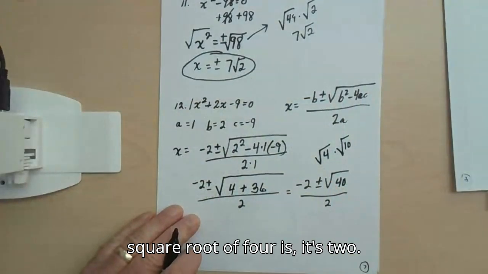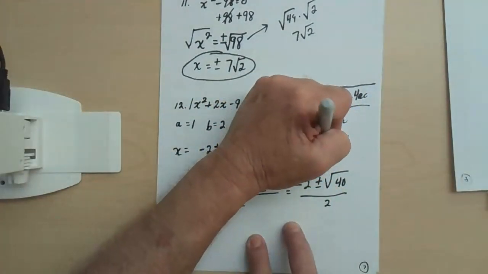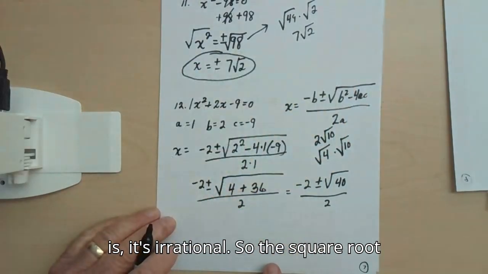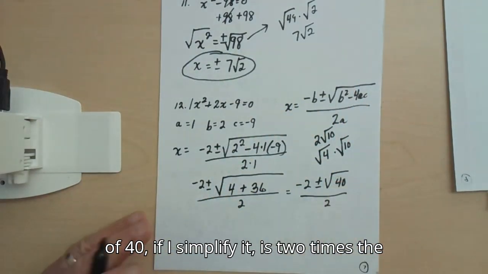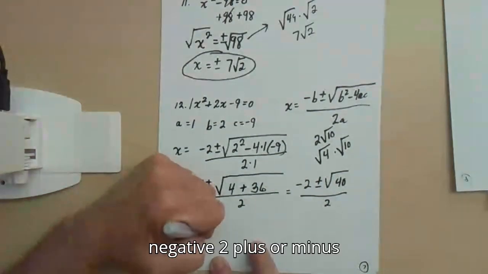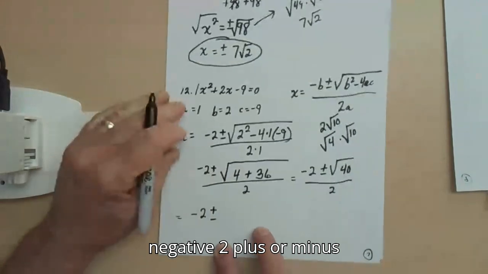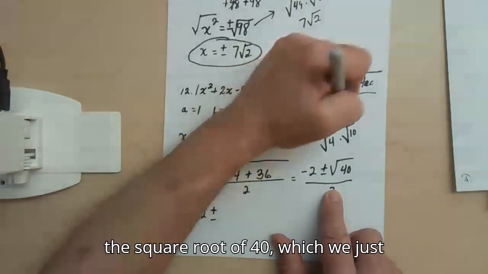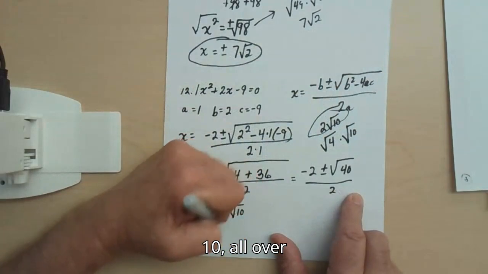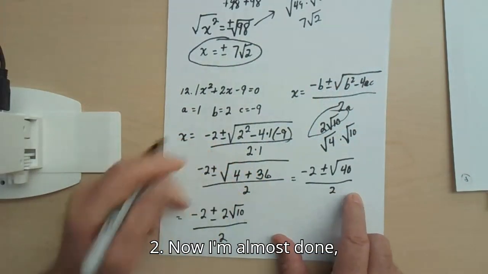I know what the square root of 4 is. It's 2. I don't know what the square root of 10 is. It's irrational. So the square root of 40, if I simplify it, is 2 times the square root of 10. So I have -2 plus or minus the square root of 40, which we just figured out is 2 times the square root of 10, all over 2.